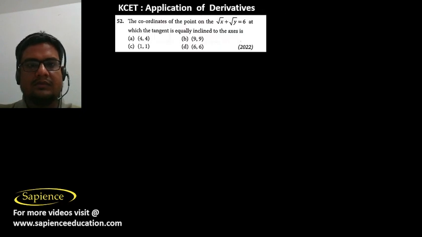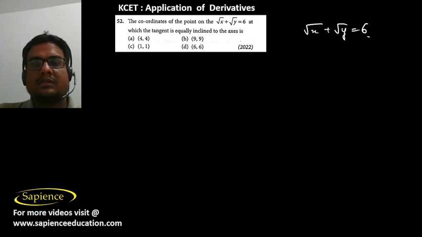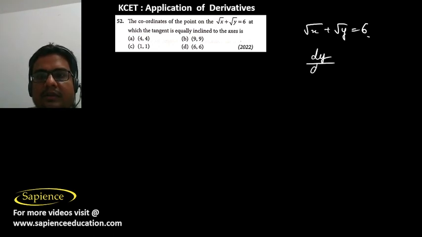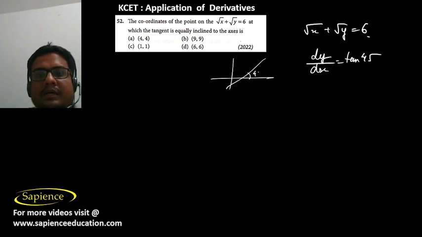Then in question number 52, it's told that the coordinates of the point where the tangent is equal to the axis. It means dy by dx should be equal to tan, that tangent should be making an angle with this axis, tan 45.